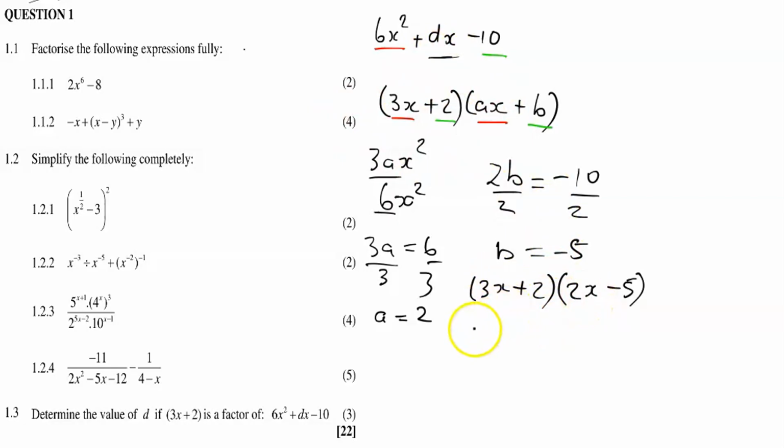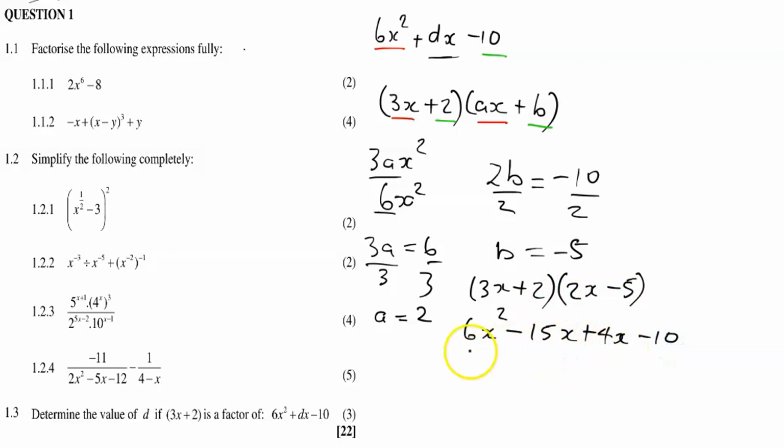3x times 2x is 6x squared. 3x times negative 5 is negative 15x. 2 times 2x is plus 4x. 2 times negative 5 is negative 10.